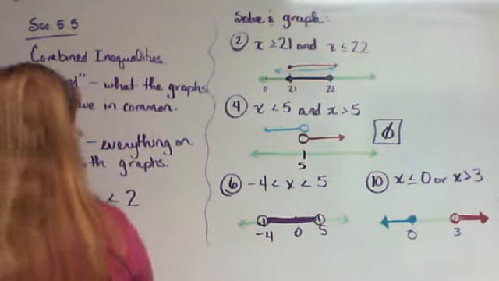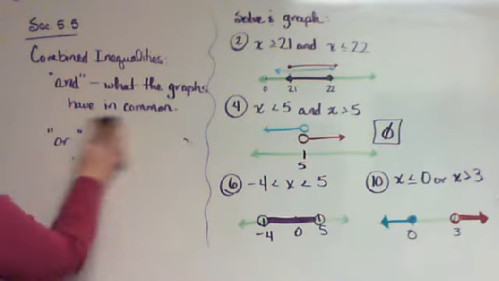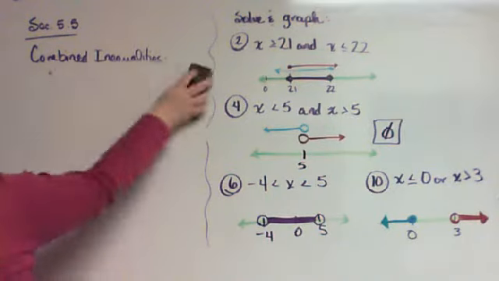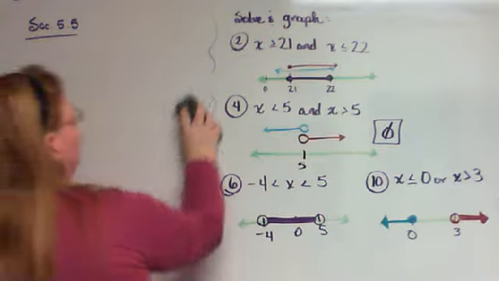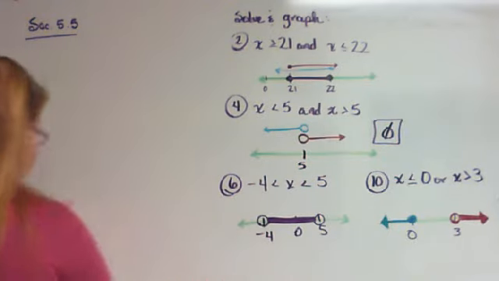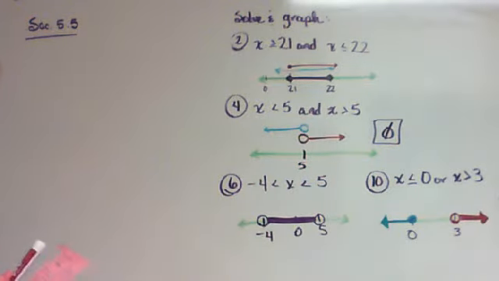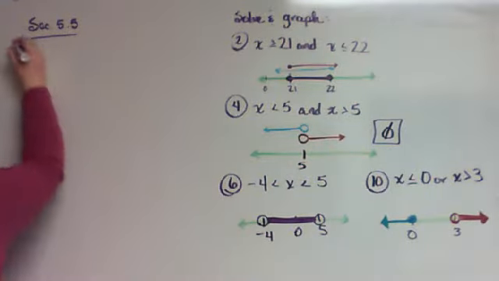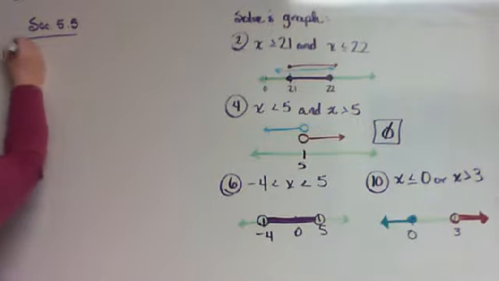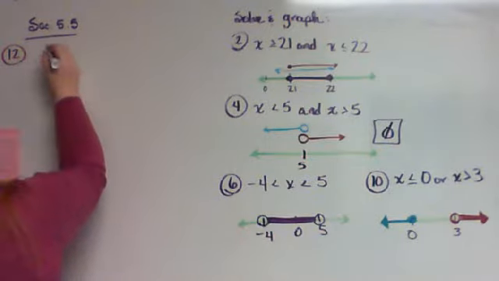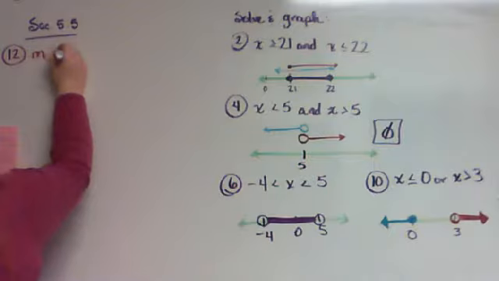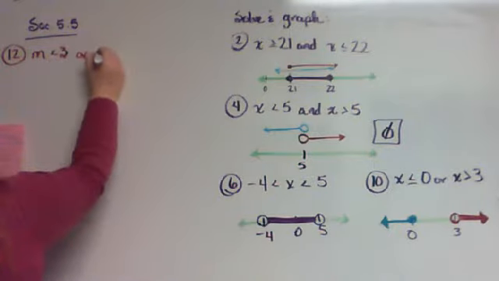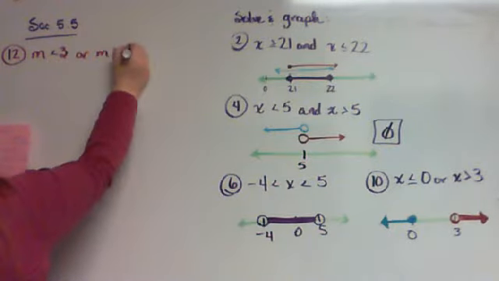Let's look at a couple more. Number 12: M is less than 3 or M is greater than or equal to 3.